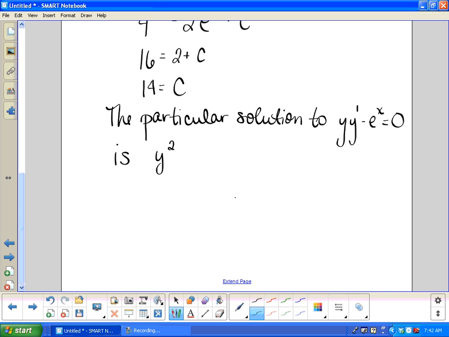Y squared is equal to 2e to the x plus 14. Or I could write it as this: y is equal to plus or minus the square root of 2e to the x plus 14. So it's all pretty simple. I think those are all things that y'all can do very easily.